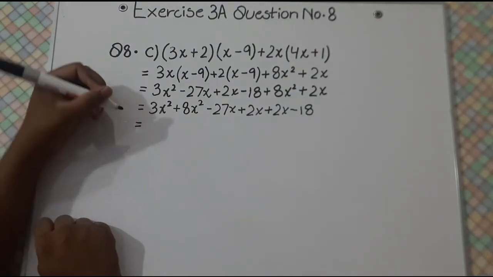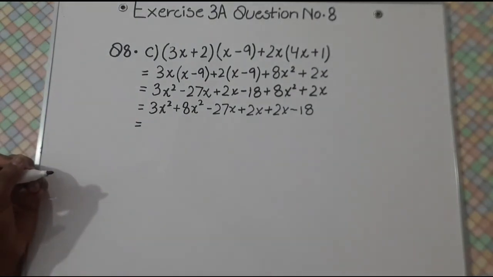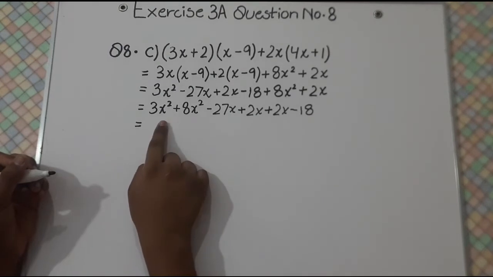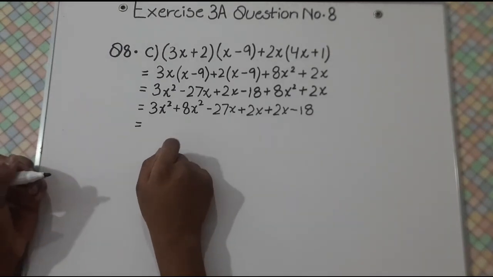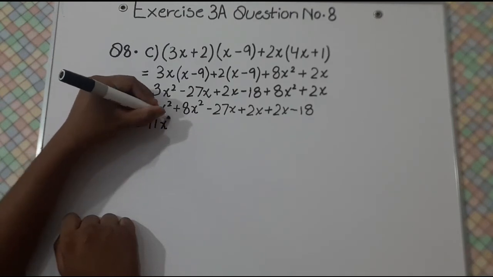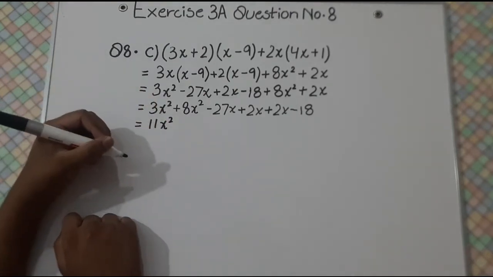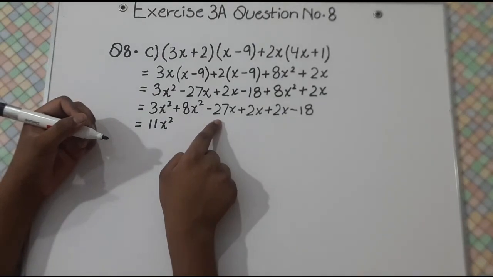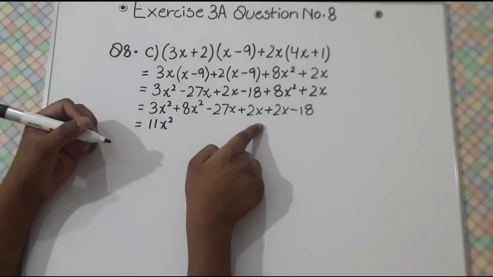So in our final step, we are going to just plus minus the numbers. So 3x square plus 8x square would be 11x square. Now we are having minus 27x plus 2x plus 2x.